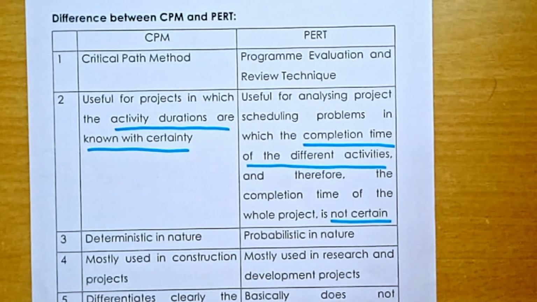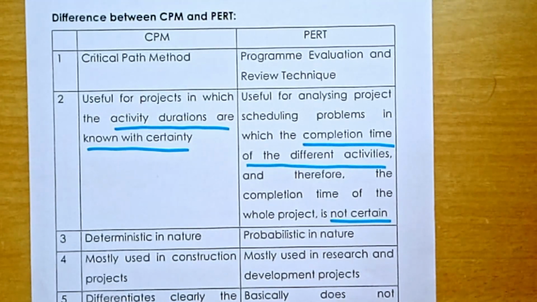Therefore, these projects are undertaken. Before undertaking these projects, you draw the network as per the critical path method. Here the critical path method technique is applied because the durations of activities are more or less certain, and that is the reason these projects are called deterministic. This technique, CPM, the critical path method, is deterministic in nature.